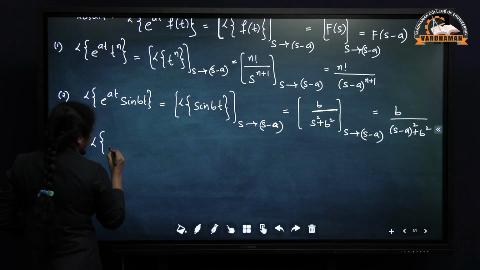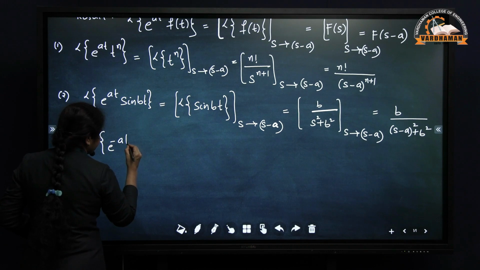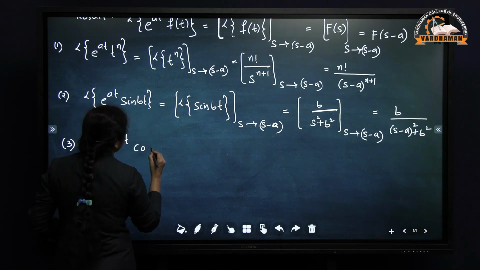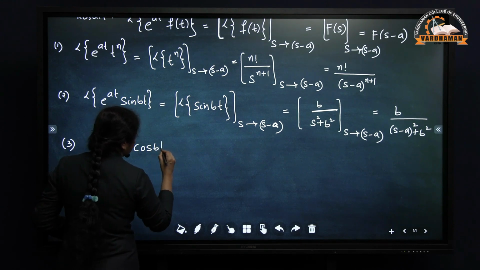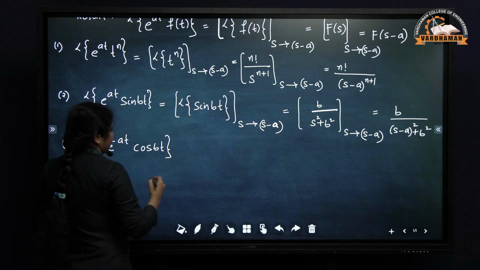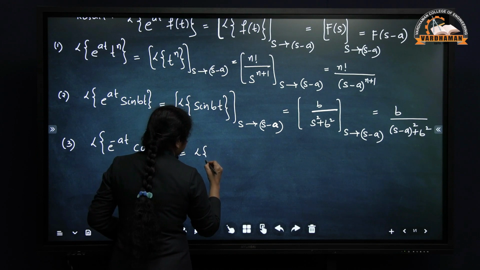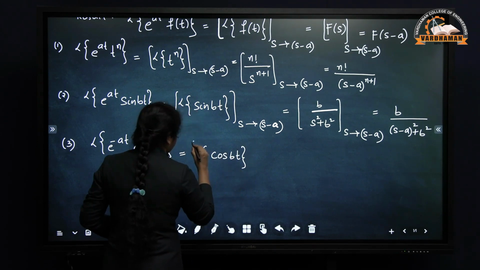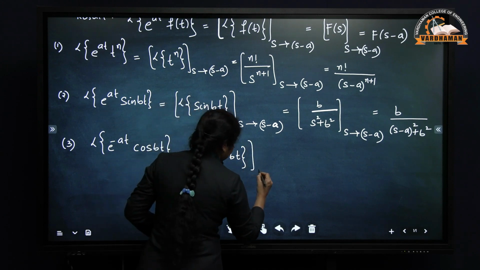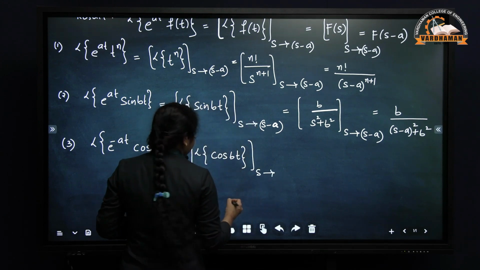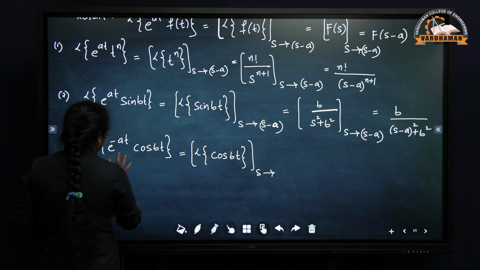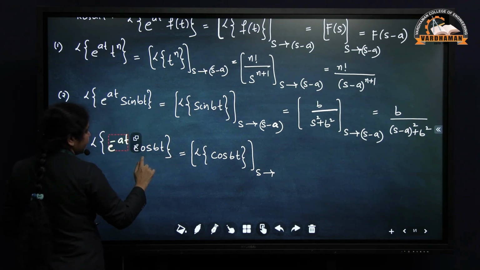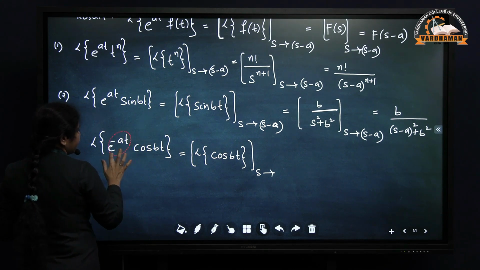And one more result: the Laplace transform of e power minus at cos bt. Here, first we have to find the Laplace transform of cos bt, and in this result we need to replace s with s plus a, since cos bt is multiplied by e power minus at.